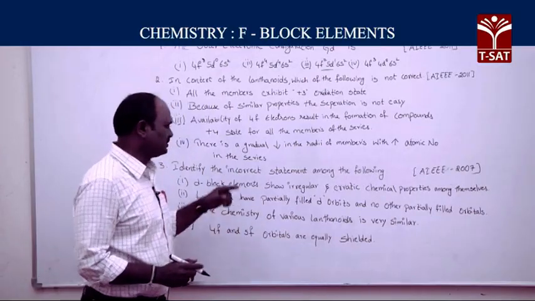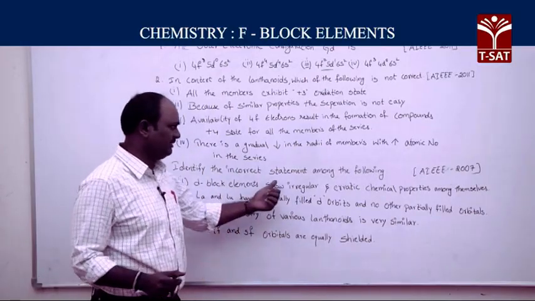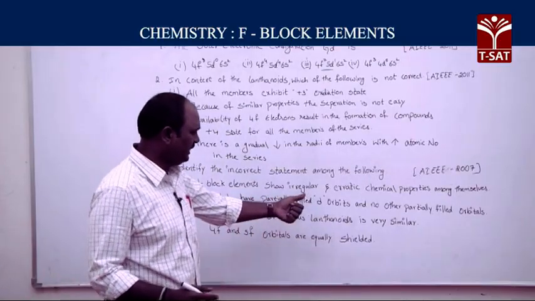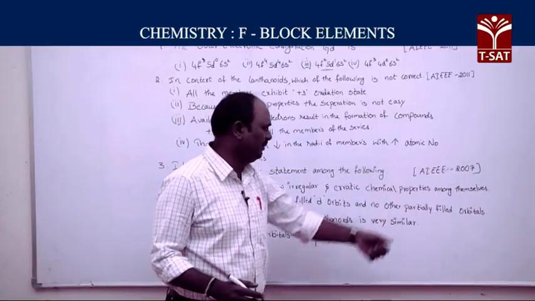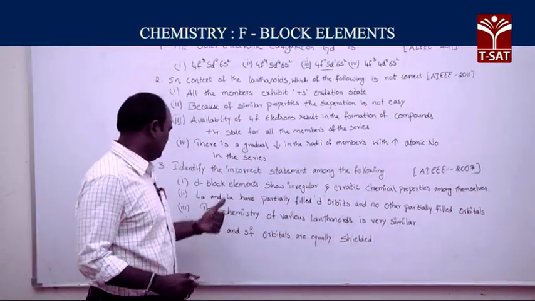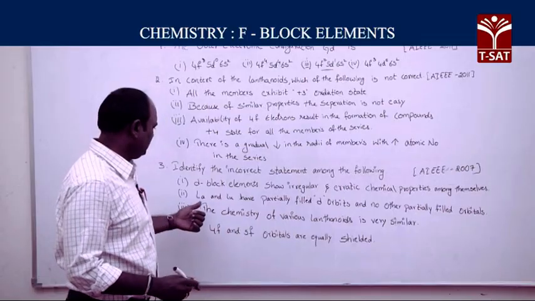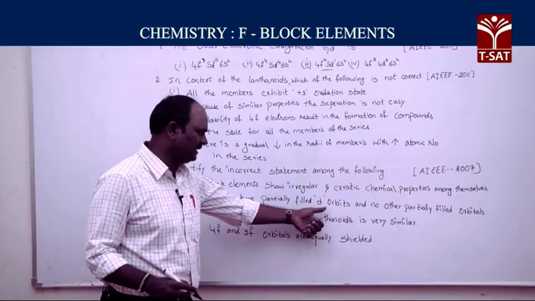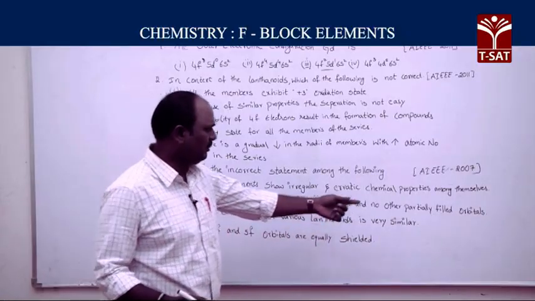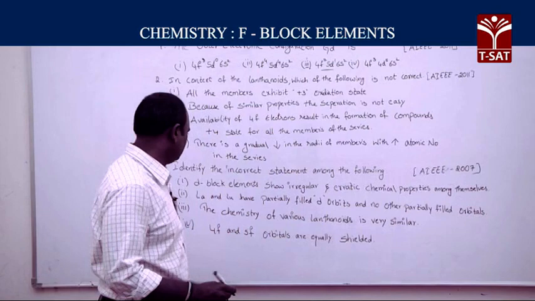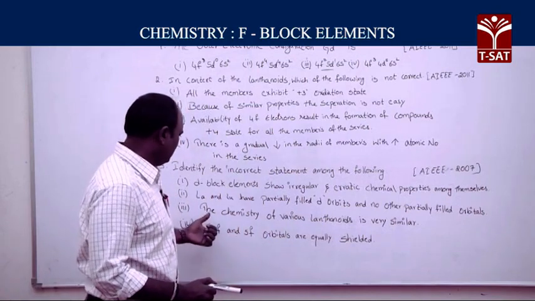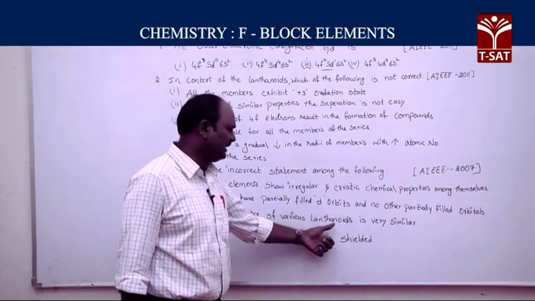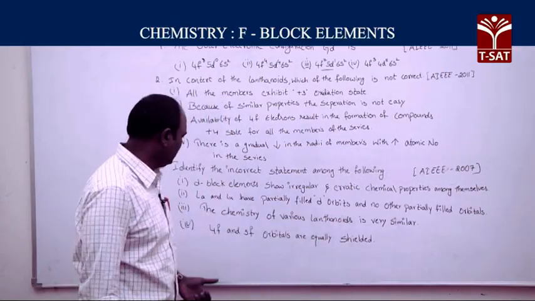First you observe the statements which are given in this question. D-block elements show irregular and erratic chemical properties among themselves. Second, lanthanum and lutetium have partially filled d orbitals and no other partially filled orbitals. Next, the chemistry of various lanthanides is very similar.